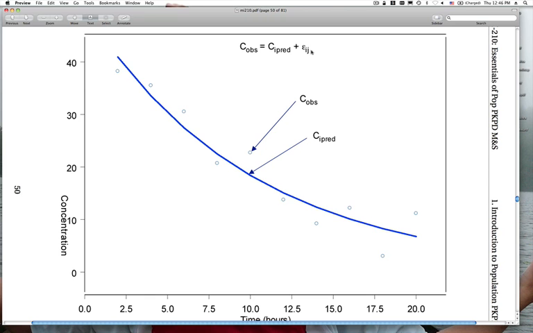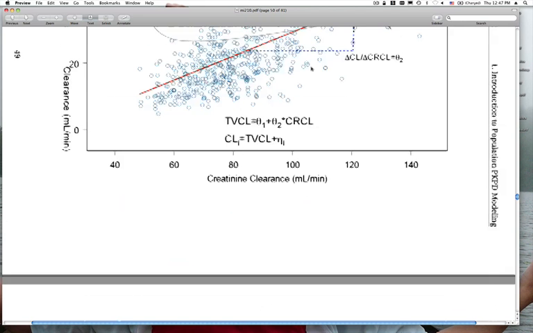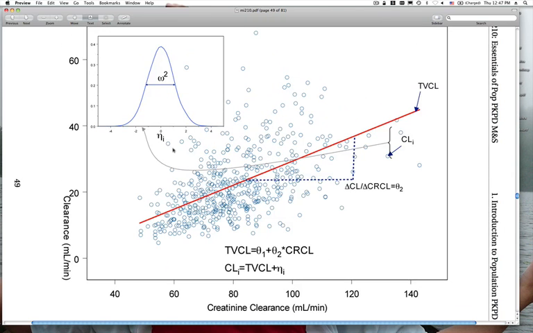This refers to the notion that within each subject there are multiple data points, and each one of those individual data points is associated with a different residual random error. So the residual error is unique in that there's one for each observed data point in the entire data set, whereas the inter-individual random effect, eta, is denoted eta sub I, only one per individual.